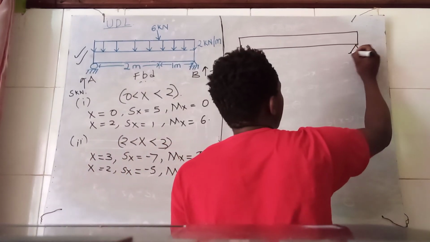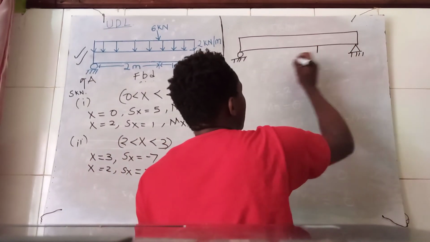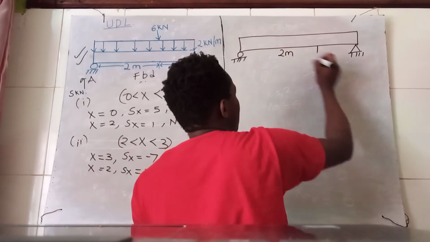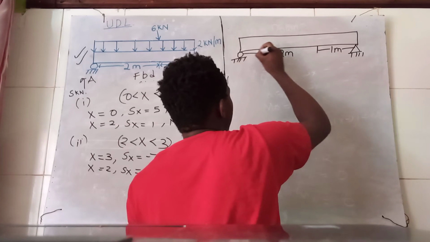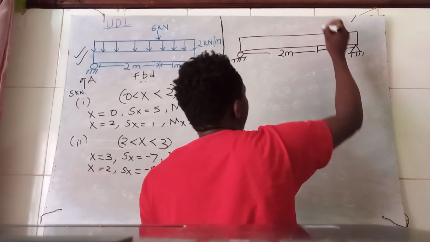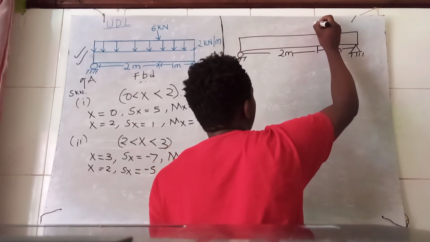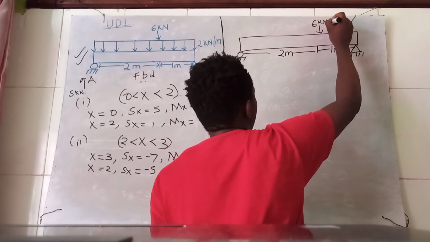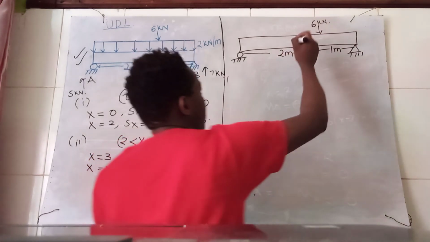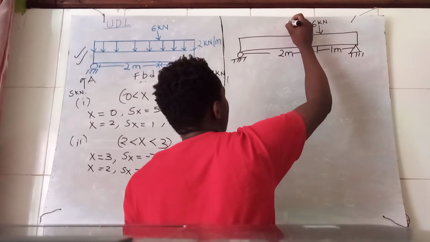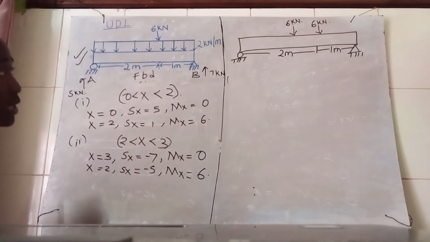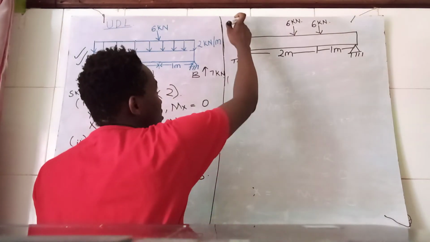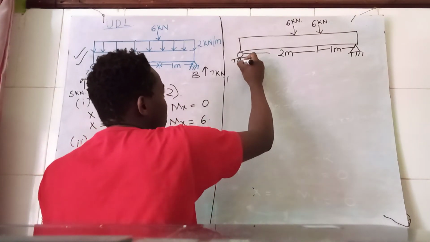Then the fixed end is a distance of 2 meters, 1 meter, then a force of 6 kilonewtons, and another force for the UDL, 6 kilonewtons. So I'll start by plotting the shear force. Start at the margin.